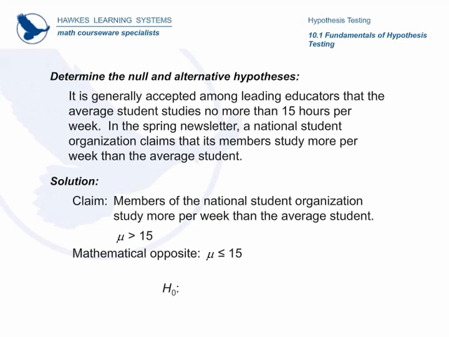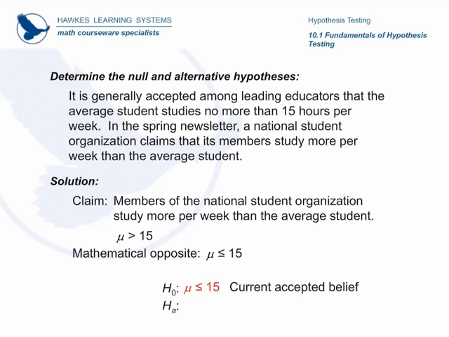So that says to us that H sub 0, which is the null hypothesis, is that the mean is less than or equal to 15 hours per week. That's the accepted belief. That's what the leading educators said, that on average, students study no more than 15 hours per week.